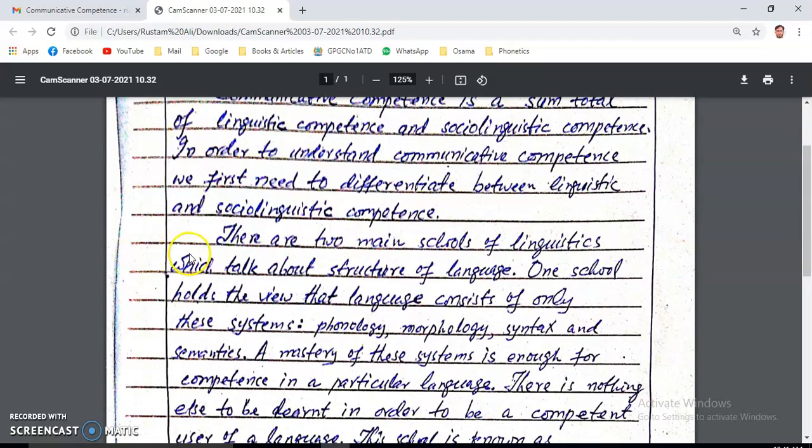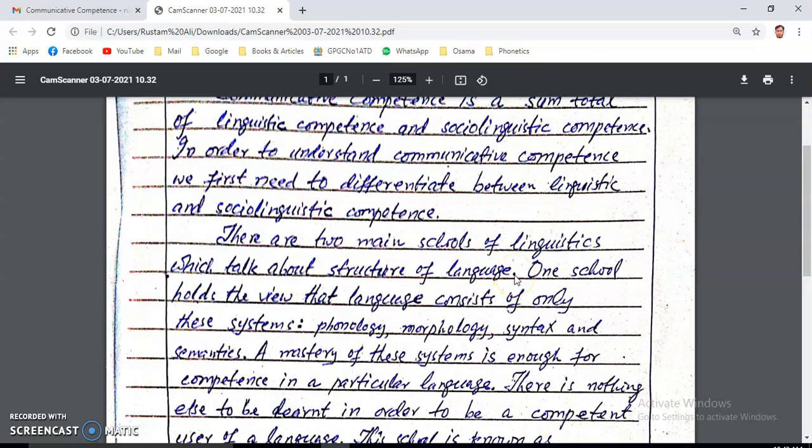Now see the second paragraph. There are 2 main schools of linguistics which talk about the structure of language, and I have seen while marking that students do not write correct grammatical structures. They don't even bother about punctuation.